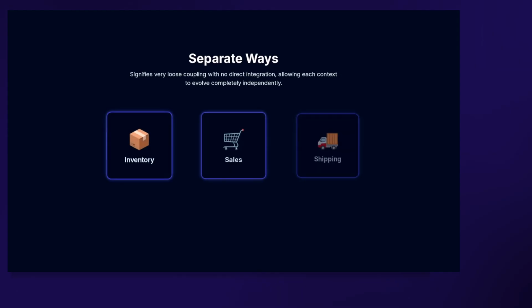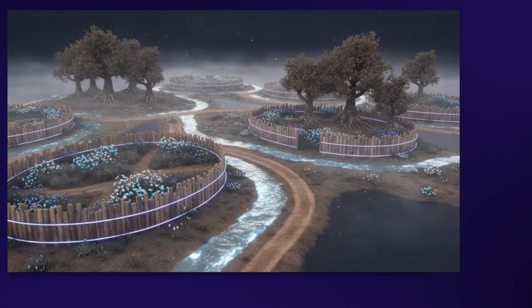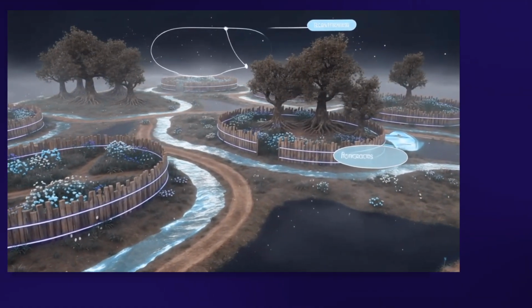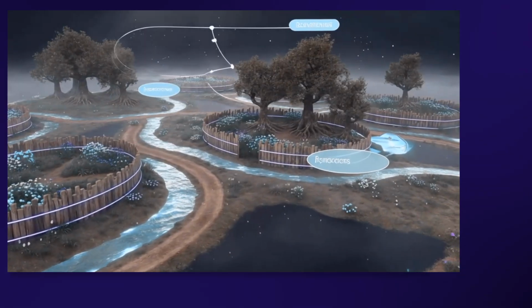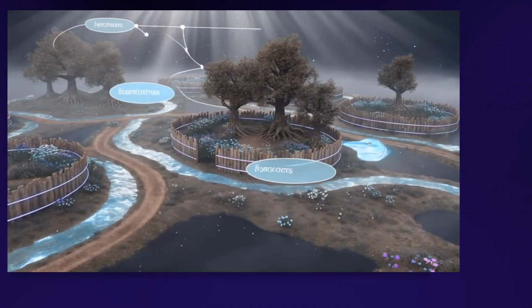Separate ways signifies very loose coupling with no direct integration between contexts, allowing each to evolve completely independently without dependencies. These diagrams often use ovals to represent contexts, connected by lines and arrows that denote the specific integration patterns, making relationships easy to visualize.